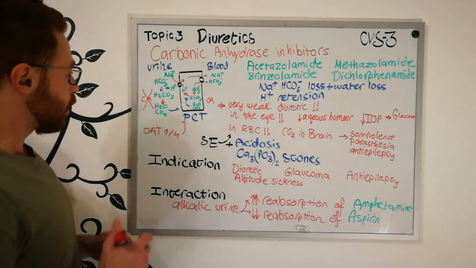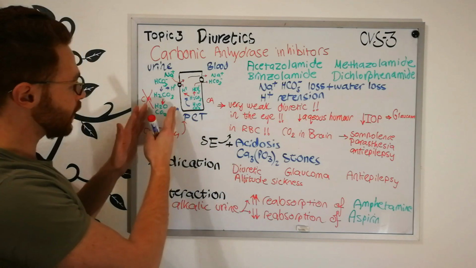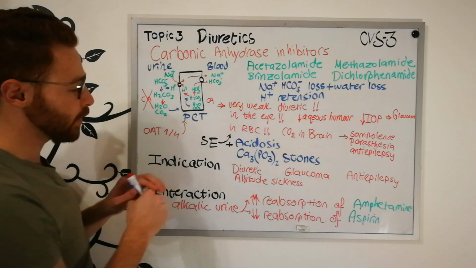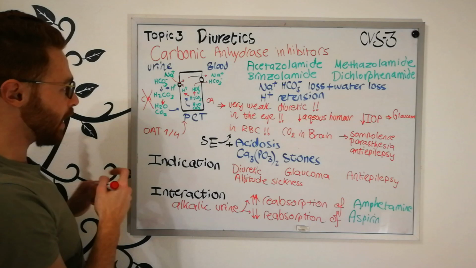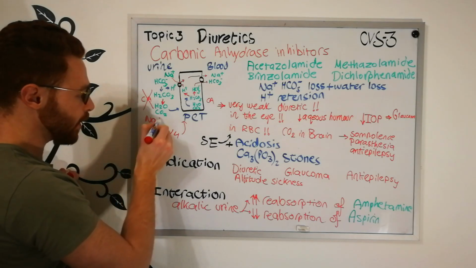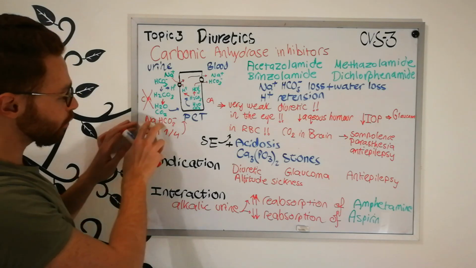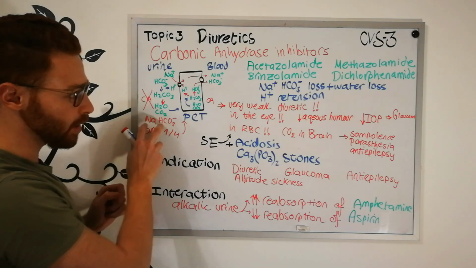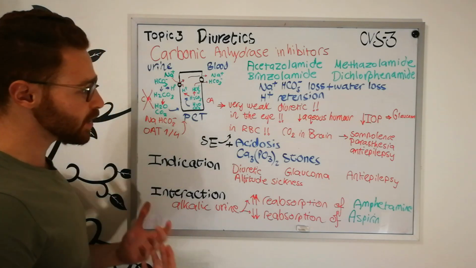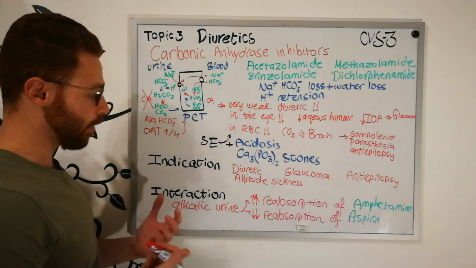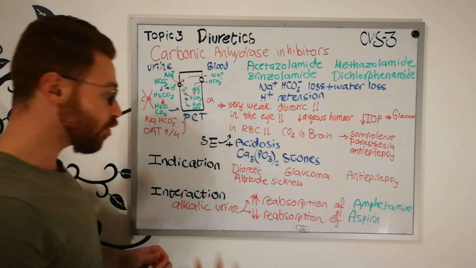Now, when we talked about the function of the carbonic anhydrase inhibitor, we ended up saying that the sodium bicarbonate is going to accumulate in the urine. Now, if the sodium bicarbonate is accumulating in the urine, this means that the urine pH is now more basic, right? It is an alkaline urine.